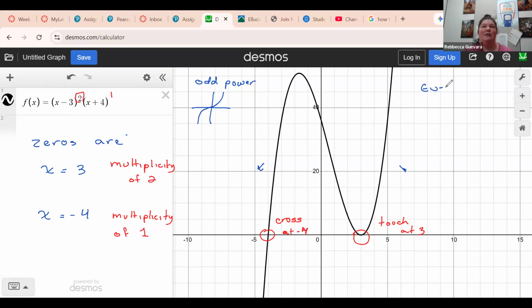When we have an even power, your graph would come, touch, and turn away. So we're getting that same phenomenon again. When you have even multiplicities, you come down and touch and turn away, just like if you were looking at an even power function. And if it's odd, you cross at that zero, just like with an odd power function.